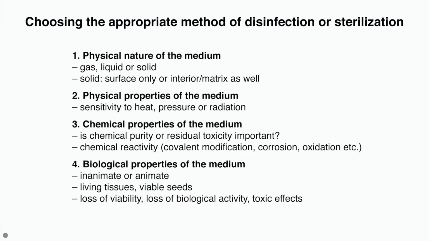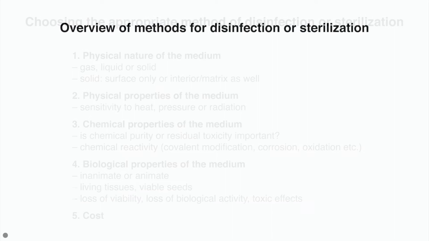If your medium possesses some form of biological activity, such as living tissue or viable seeds, you will need to use a control method that specifically eliminates microorganisms without significantly affecting the viability or biological activity of the medium. Finally, you will need to consider the cost of different control methods and whether a more efficient control method is justified by potentially higher cost.